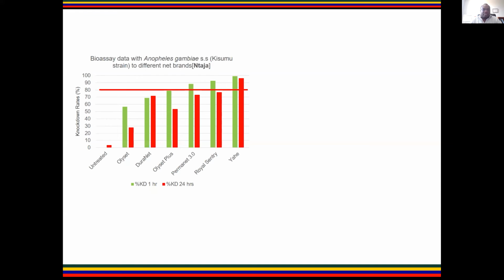Looking at both the 1 hour and 24-hour knockdown rates, most of the different types of bed nets showed that mortality was less than 80%. Two of these nets are PBO bed nets, Olyset Plus and PermaNet 3.0, that were distributed through the campaign and also through the routine under 5 and antenatal care.